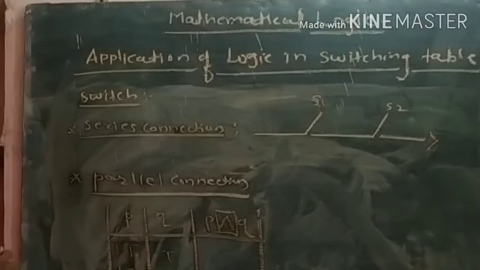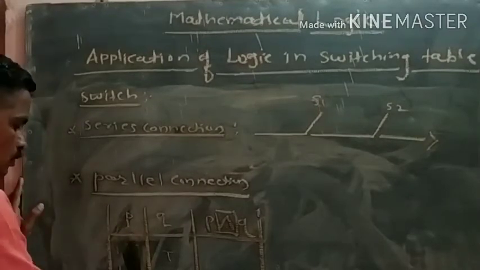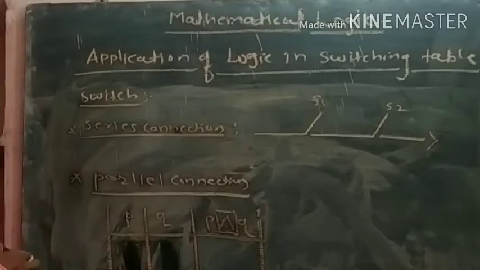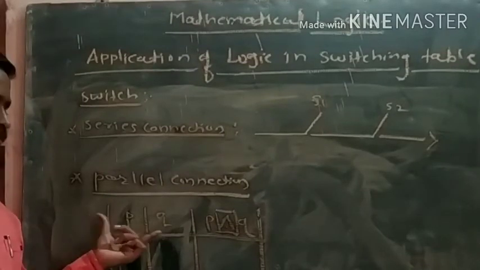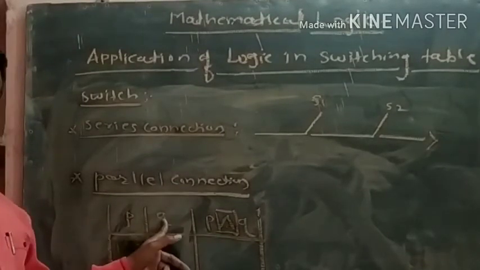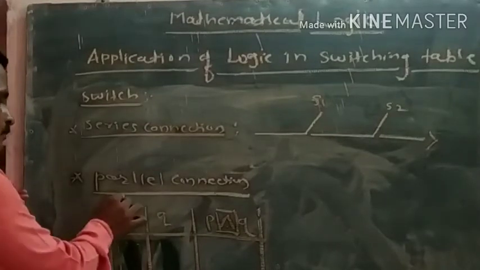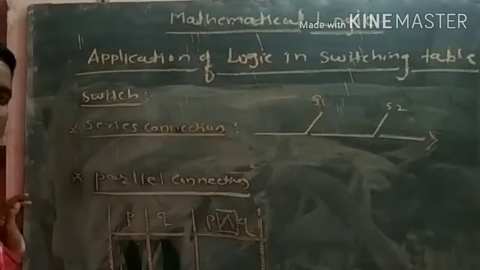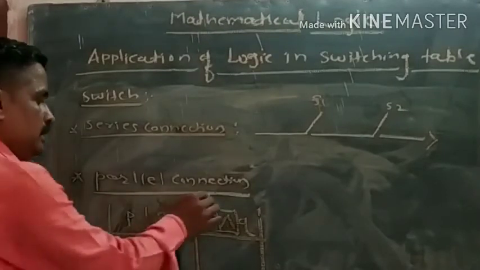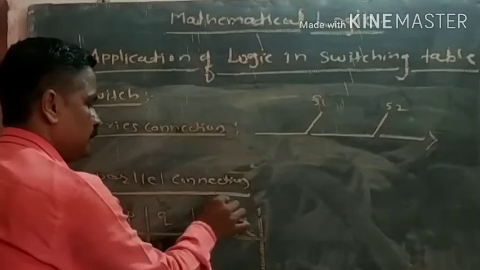We already know the truth table of conjunction. P and Q are two statements, or S1 and S2 are two switches, and we are connecting them in a series way.